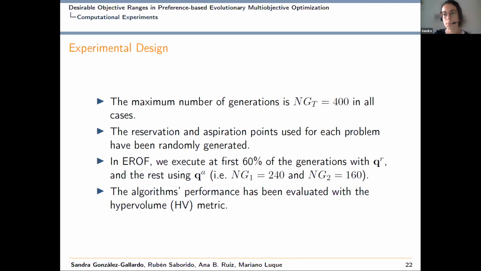And in this algorithm, we use 70% of the total generations associated with the reservation point. So ng sub 1 is 240 and ng sub 2 is 160. In order to measure the algorithm performance, we use the hypervolume metric.